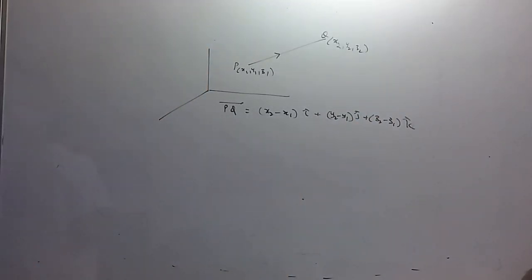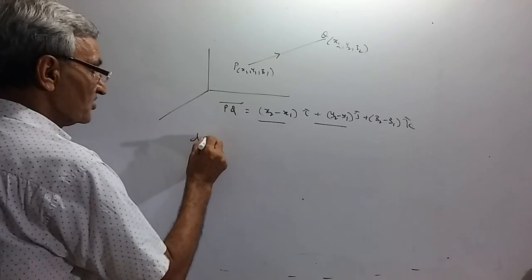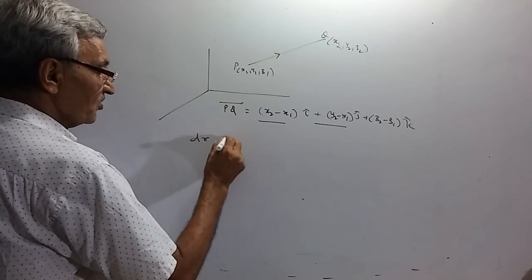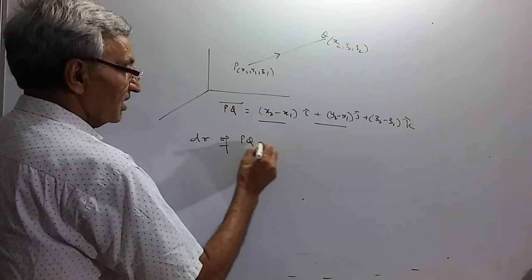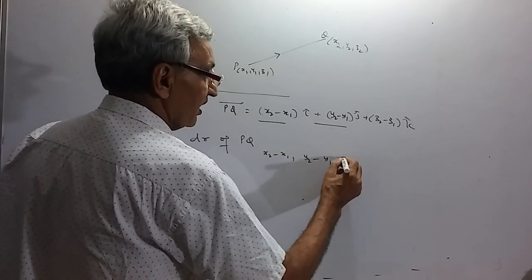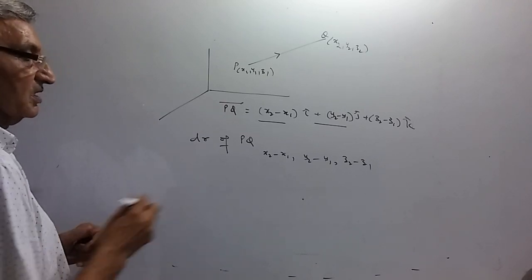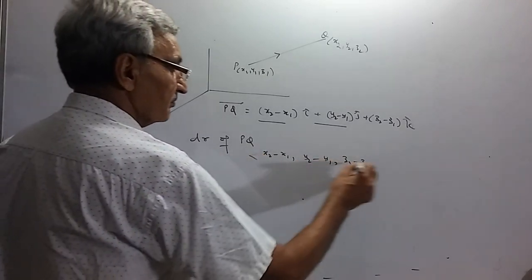As I suggested, these are the direction ratios. What is the direction ratio of PQ? The answer is x2 minus x1, y2 minus y1, and z2 minus z1. That's it. This is the direction ratio of PQ.